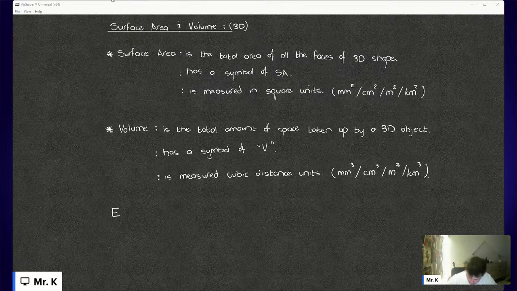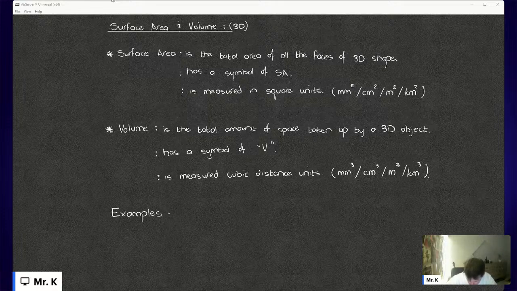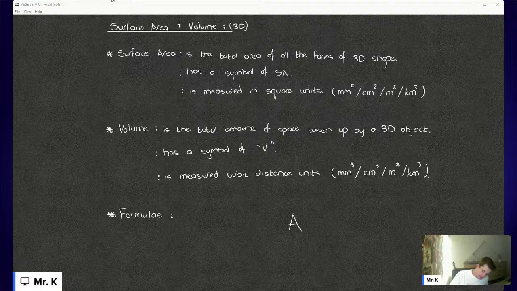So what we're going to do is actually dive straight into some examples. I'm not going to sit here and lecture you guys on too much information. That's not necessarily practical. But actually, one last point I want to write down before we look at examples is the world of formulae. We know, guys, that, for example, when we've discussed the area of a triangle, its area formula is a half times base times perpendicular height.